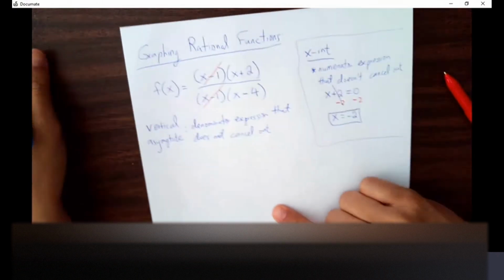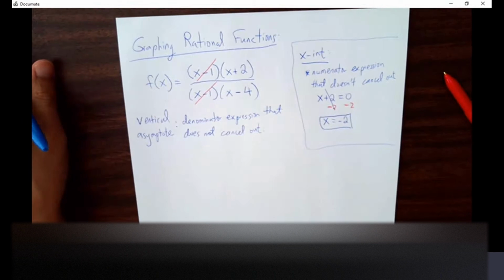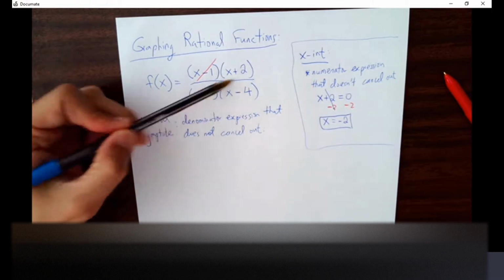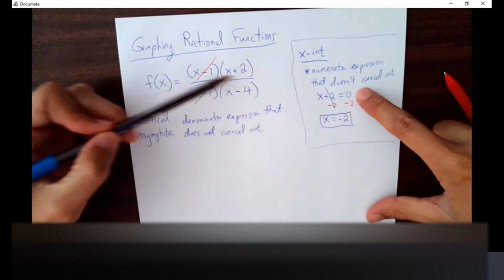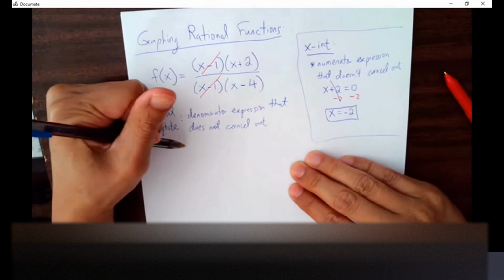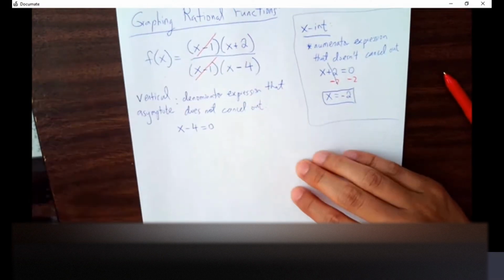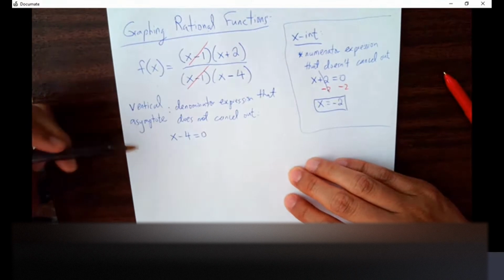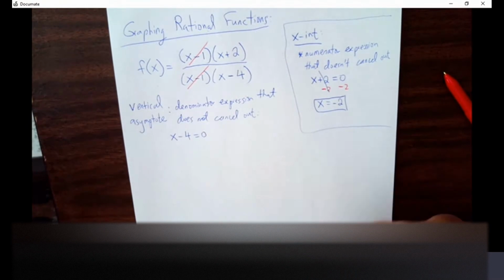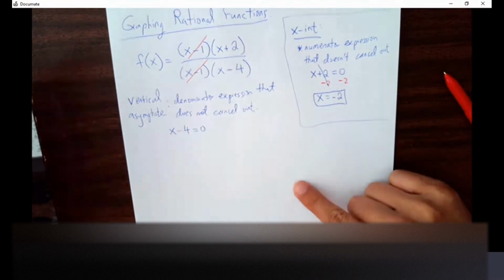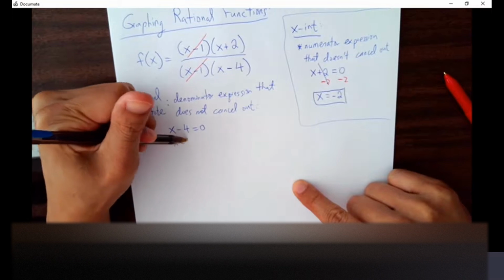Okay, so what's the denominator expression that does not cancel out? Negative 4. Yeah, and then we're going to do the same thing here. We're going to set this expression equal to 0. Okay. And what's x equal to? 4. Positive 4. Yeah.